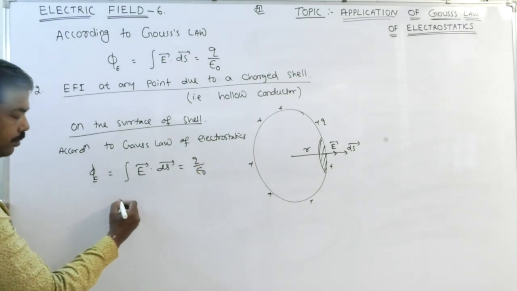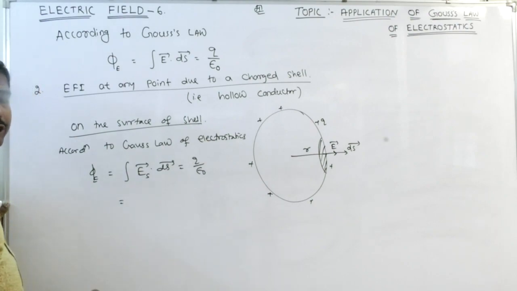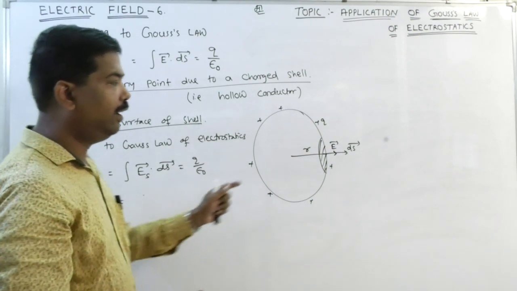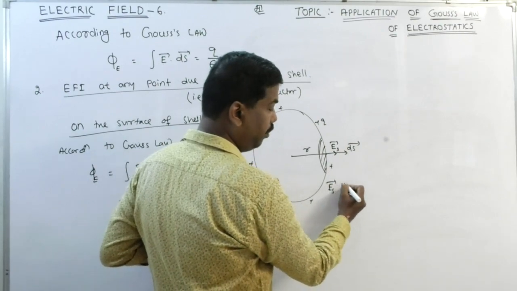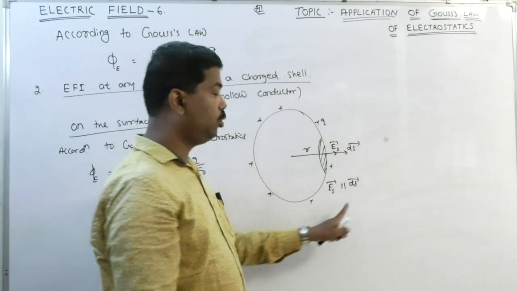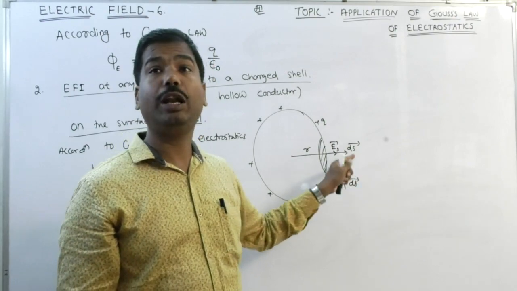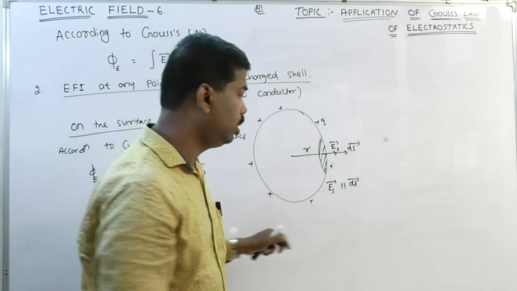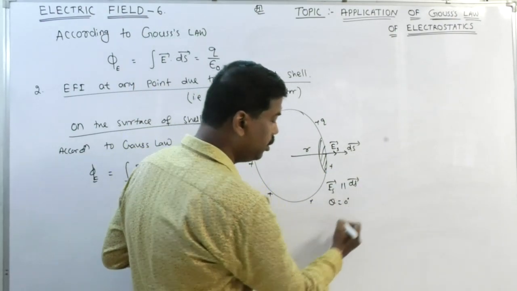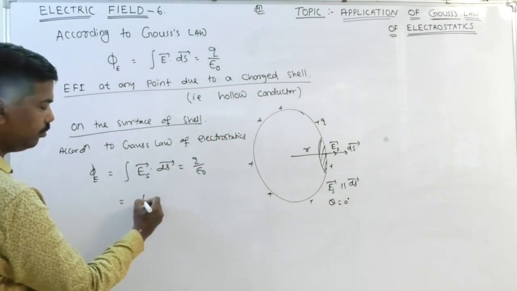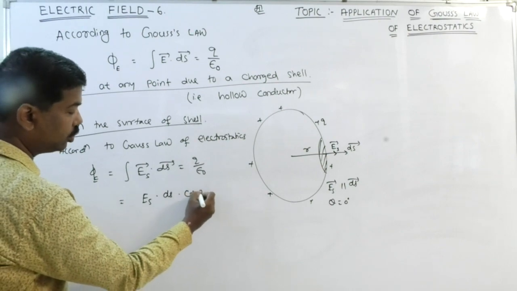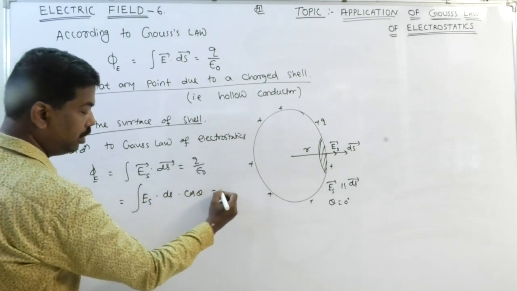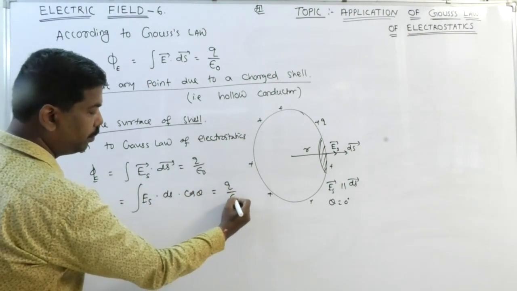So on the surface it will be Es vector. Es vector and area vector are parallel to each other, so theta is equal to 0 degree. Hence Es ds cos theta is equal to Q by epsilon 0.